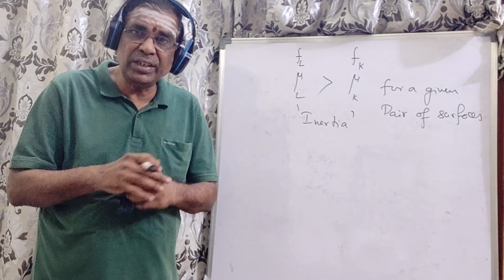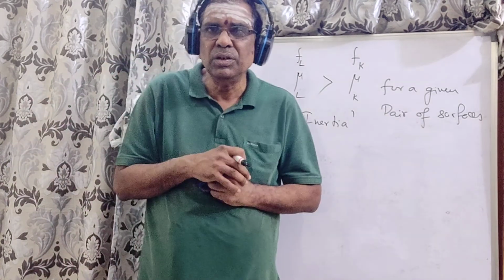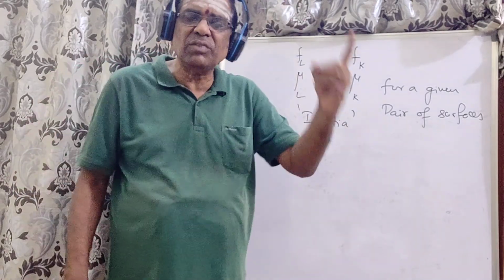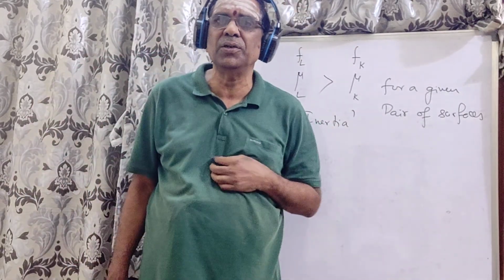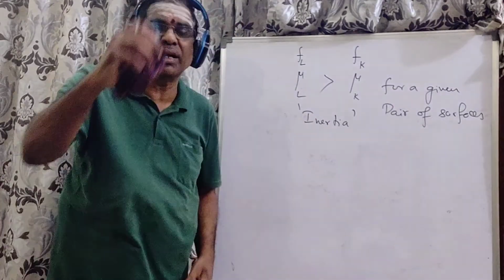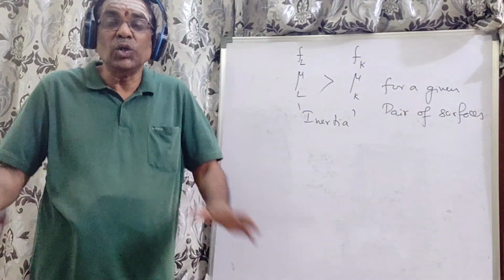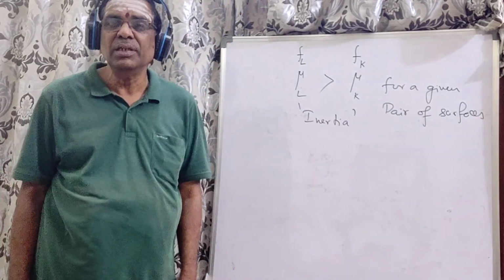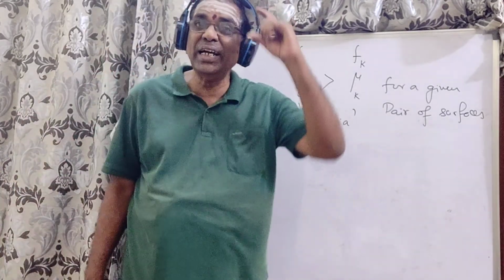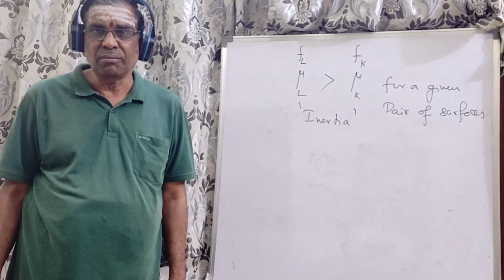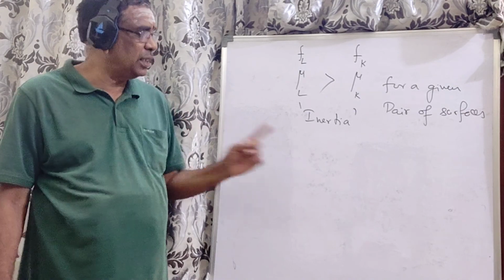The same surface, if it is on the move, every time it moves, it is coming into contact with a new set of molecules, and before the bonds are established, you are moving off. So you are not allowing sufficient time for the molecules to establish adhesive bonds. I hope you are able to understand.